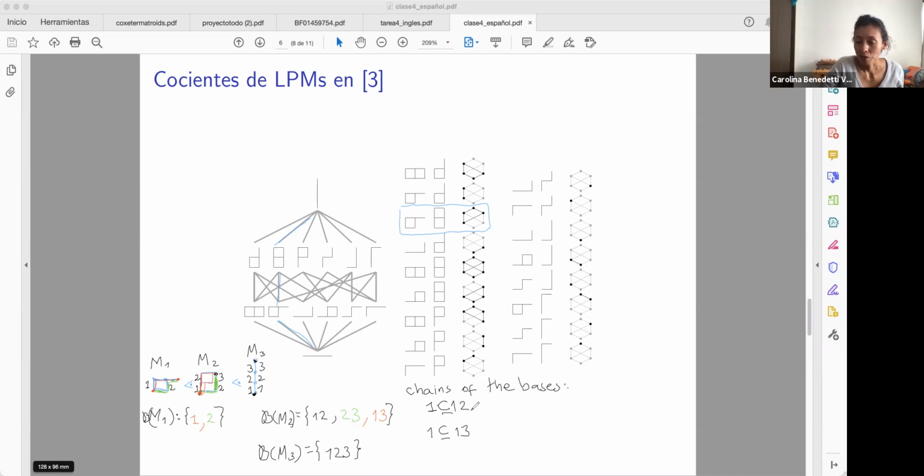Now I look at this chain: the subset 1, 2 is contained in 1, 2, 3. And similarly, 1, 3 is contained in 1, 2, 3. So here I have a chain of bases, and this chain of bases uses the element 1 from the first one. And now I have to do the same for 2. So can someone tell me one way I can put 2 inside the second matrix?